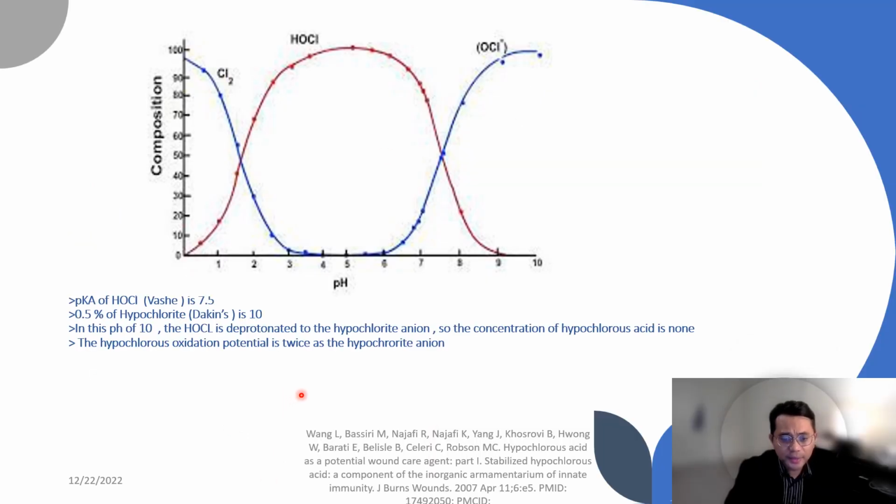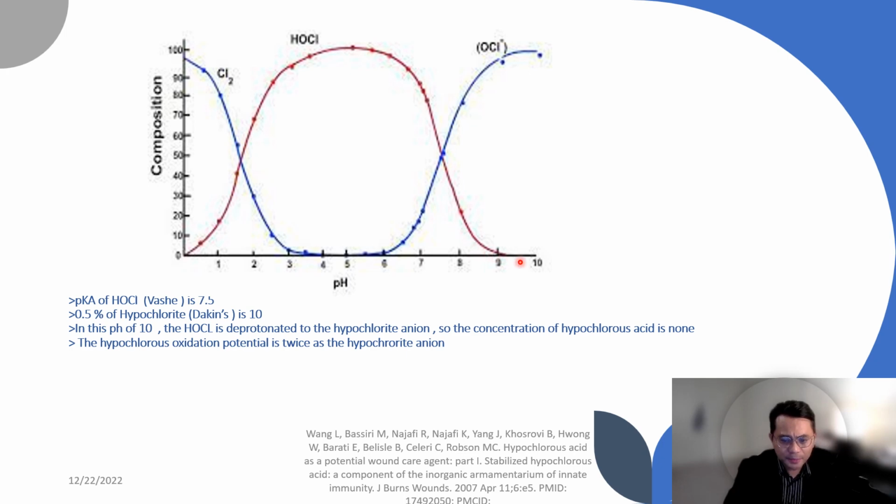Ladies and gentlemen, this graph shows you the dissociation curve of hypochlorous acid in a solution. Look at the pKa of hypochlorous acid, which is 7.5.